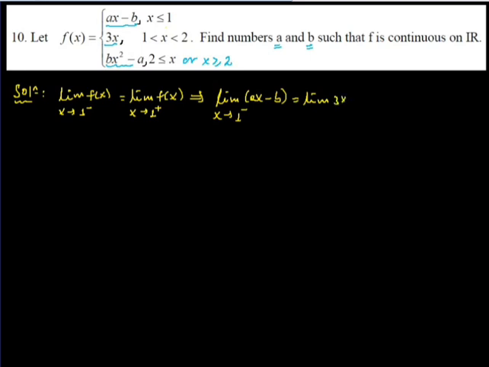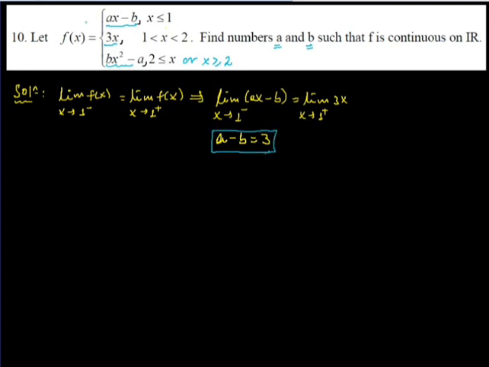So 3x as x approaches 1 from the right. Substitute 1 in ax minus b. So this means a times 1 minus b is equal to 3 times 1, which is 3. Okay, we have one equation here, with two unknowns.